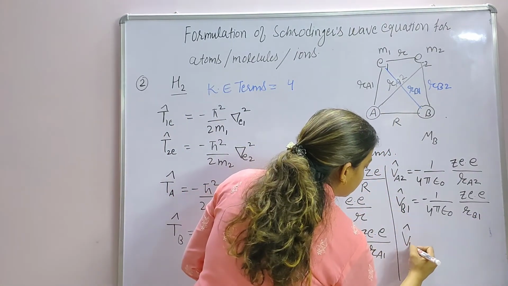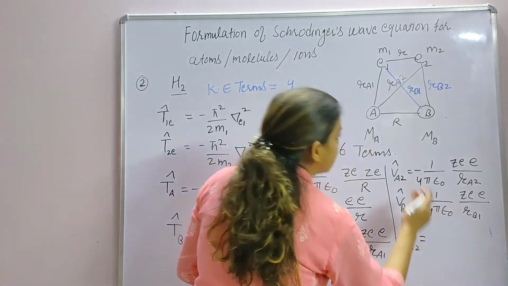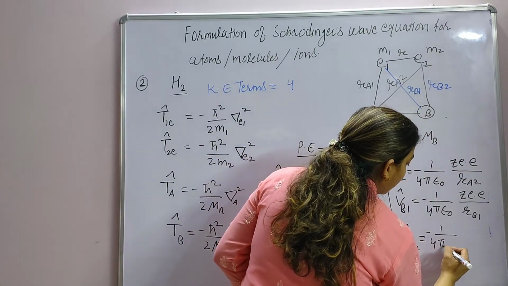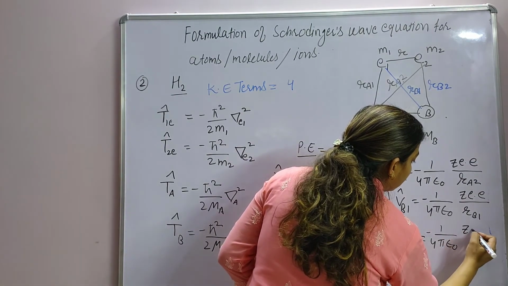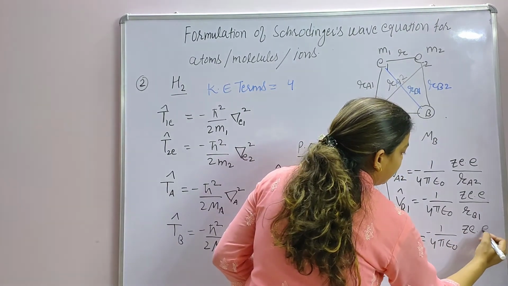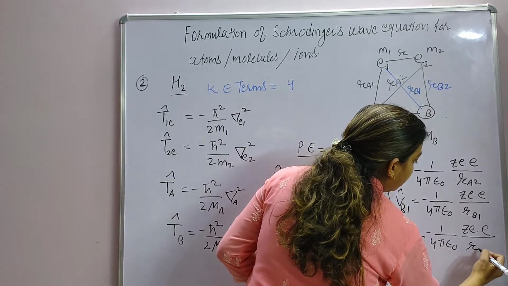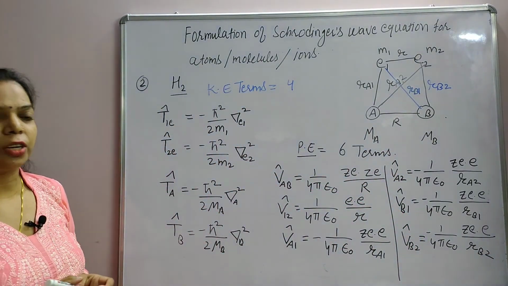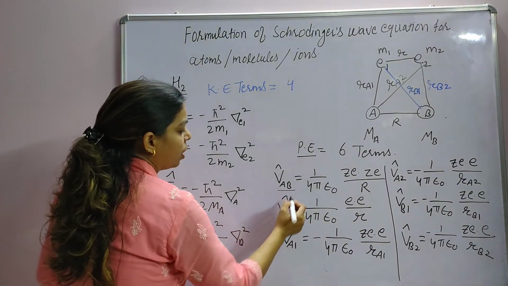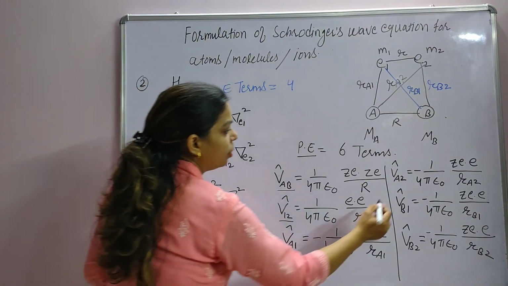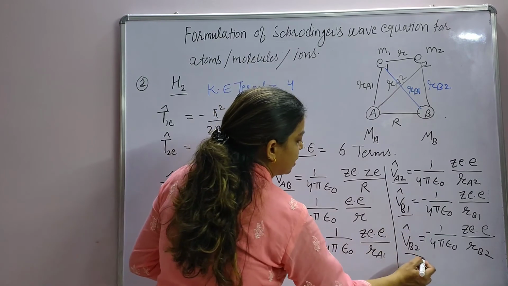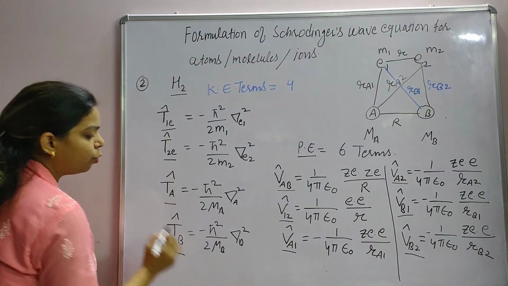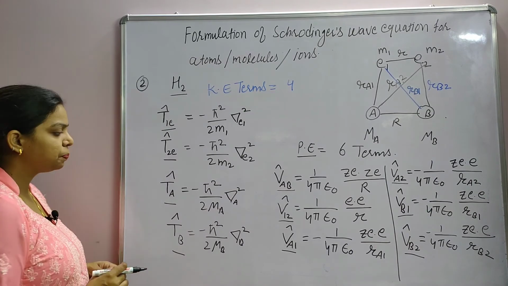And the last term, attraction between second nucleus and second electron, minus 1 by 4 pi epsilon naught, charge on the nucleus and electron, and RB2. So we have these 6 potential energy terms: 1, 2, 3, 4, 5 and 6, and 1, 2, 3 and 4 kinetic energy terms.